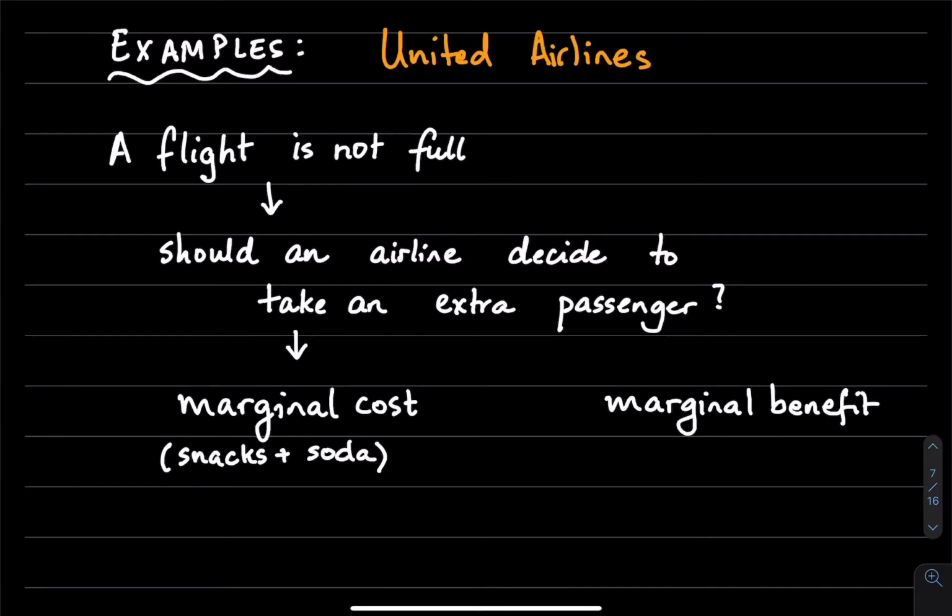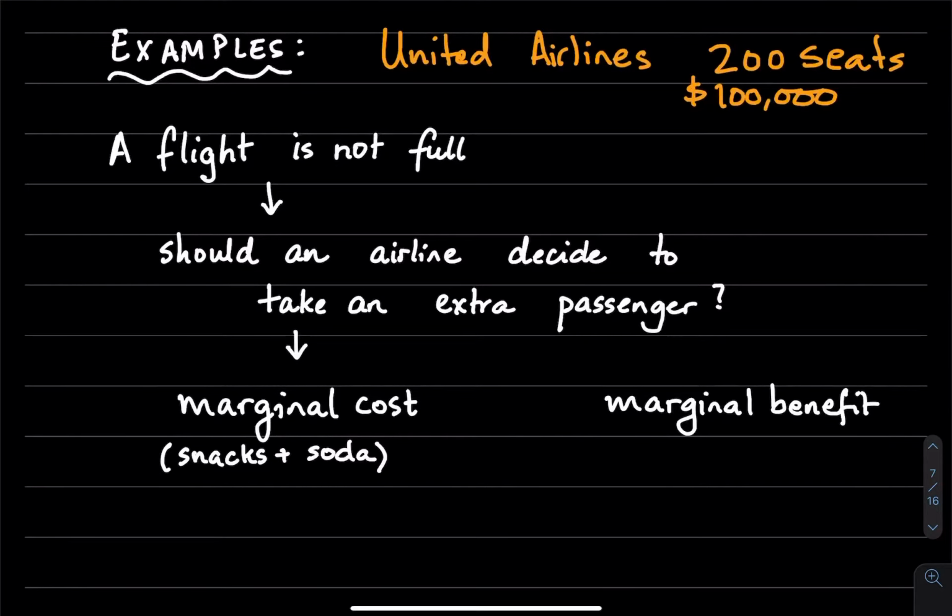Say tickets are being sold for a plane that has 200 seats, and we know from the data that flying this particular segment costs $100,000.